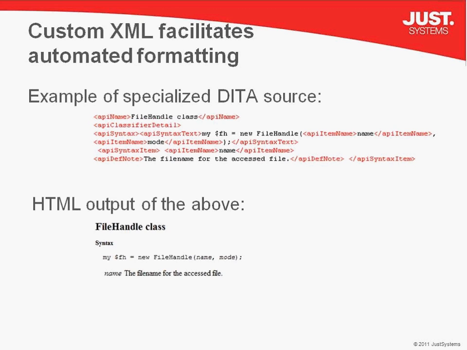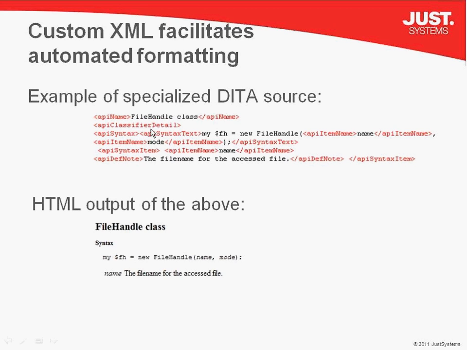But to that small percentage of companies, they are very useful because with custom XML, custom tags, highly domain-specific tags, you can do more with it. And one of the things that you can do more with is automated formatting.